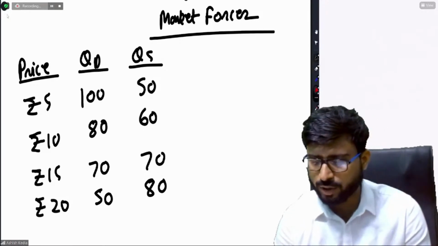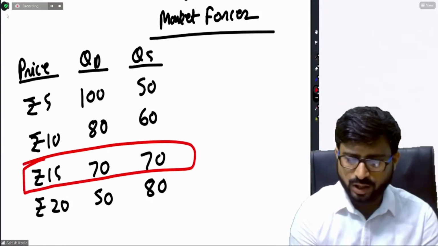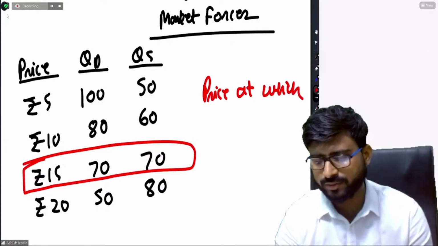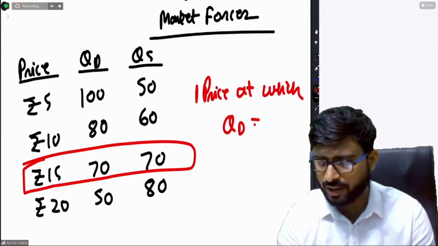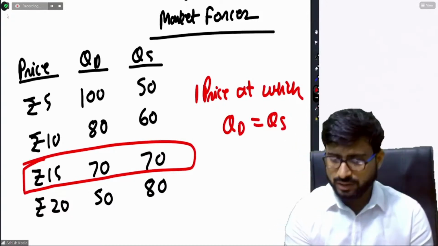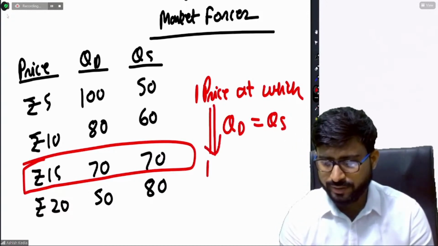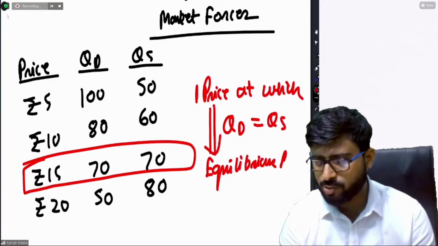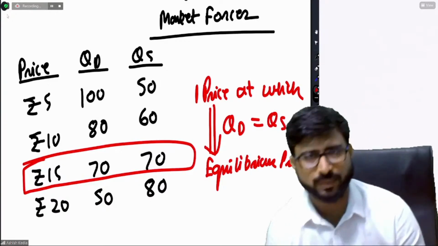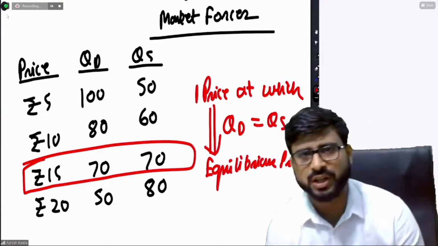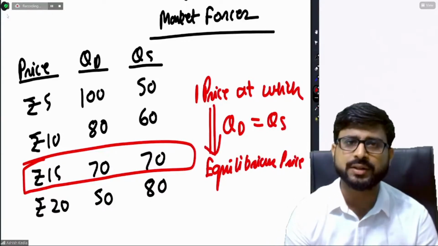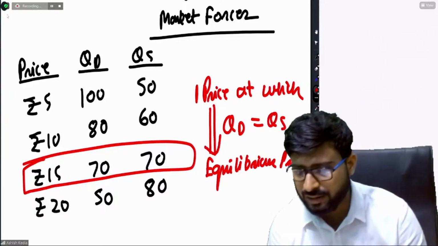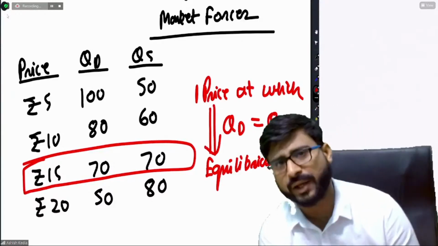Now friends, coincidentally what happens is, there is always one price at which quantity demanded becomes equal to quantity supplied. Such a price is what we call an equilibrium price. Friends, the price at which quantity demanded becomes equal to quantity supplied, that price is called equilibrium price, everyone.